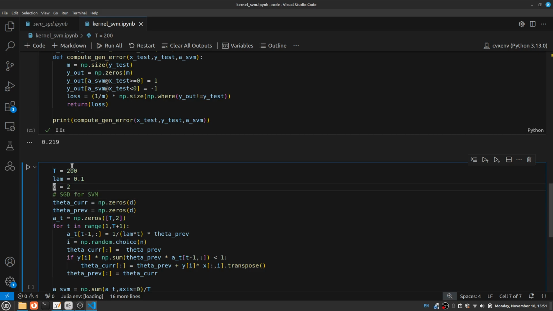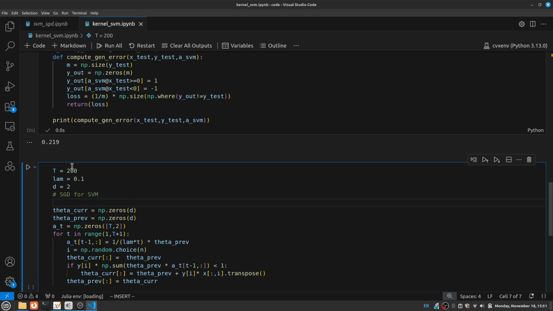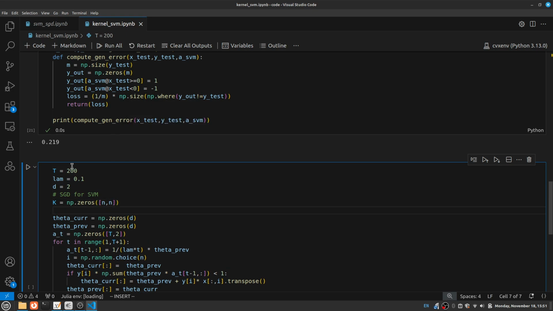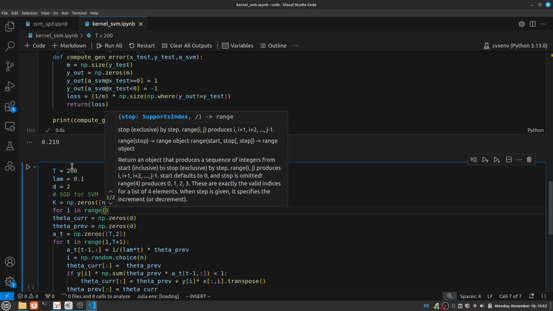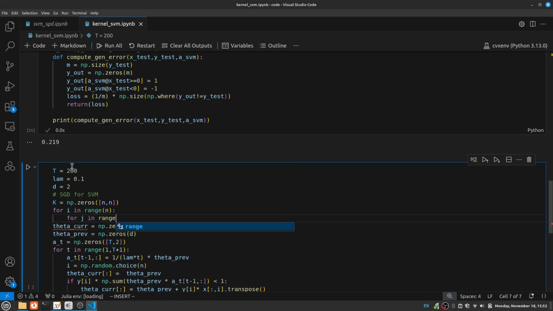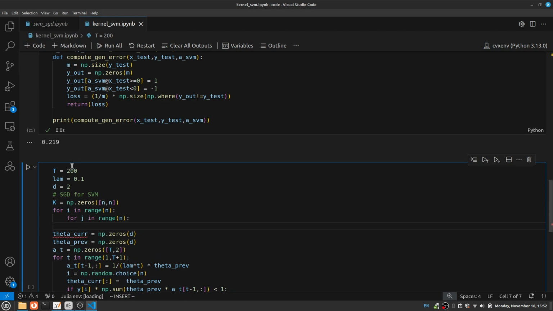Okay, so first I need to compute the kernel matrix, an n by n matrix, and say I use the Gaussian kernel. Let's do something quick and dirty.